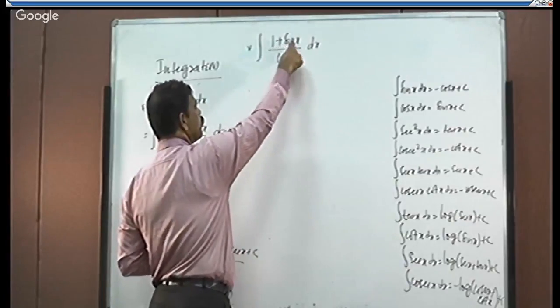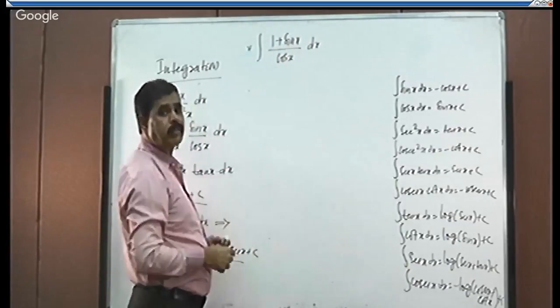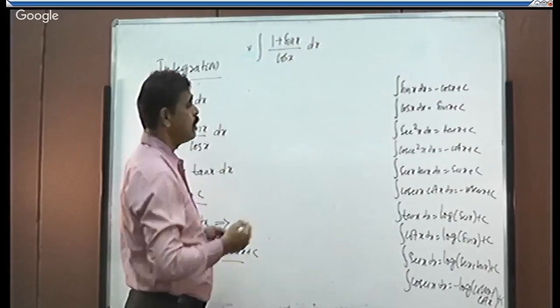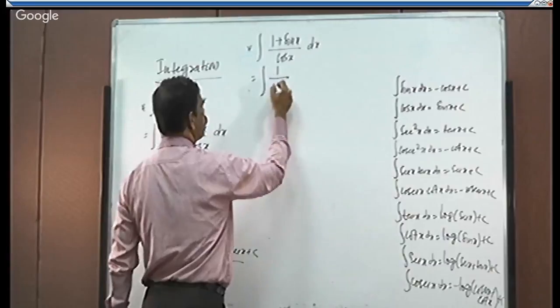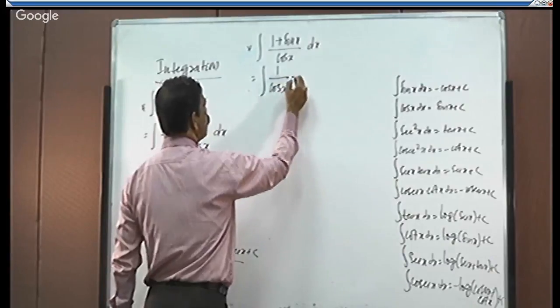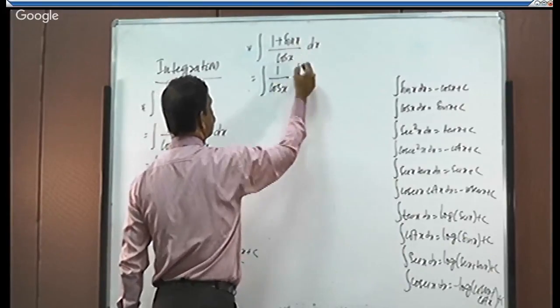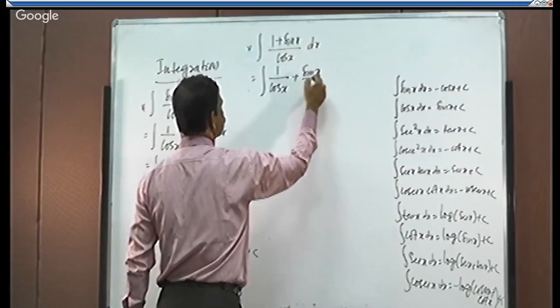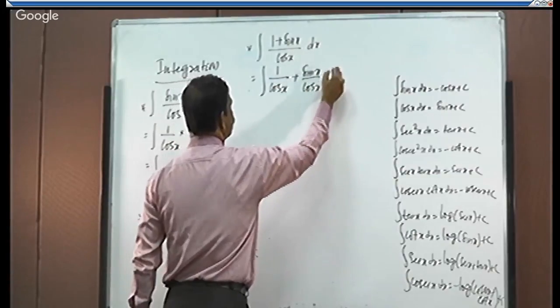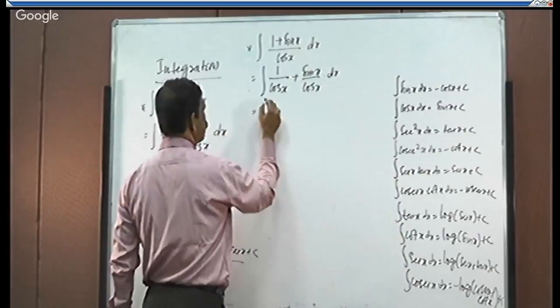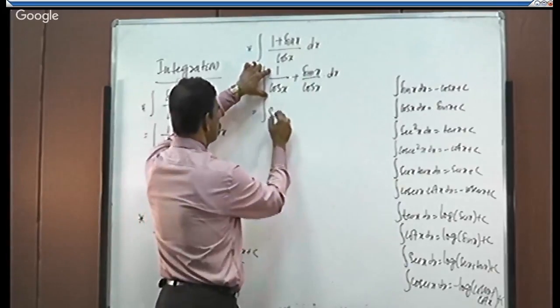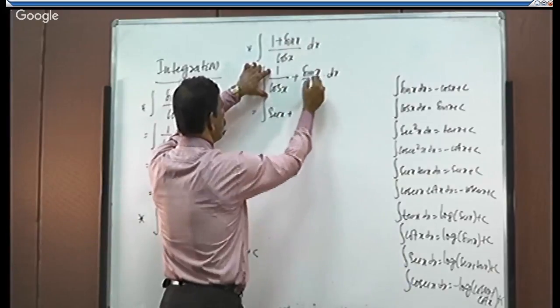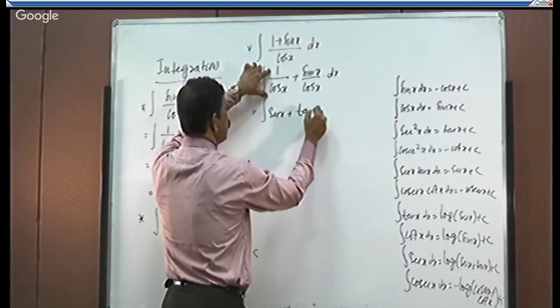Each term of the numerator should be divided by the denominator, then only it will become the simplified form. 1 divided by cos x plus sin x divided by cos x, right? Into dx. Again, what is 1 by cos x? 1 by cos x is secant x, plus sin x by cos x is tan x.